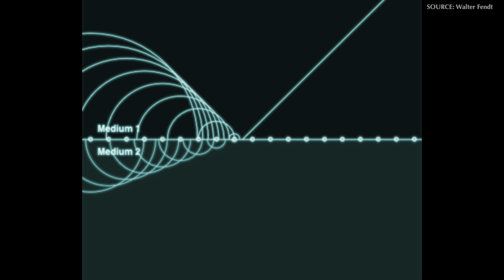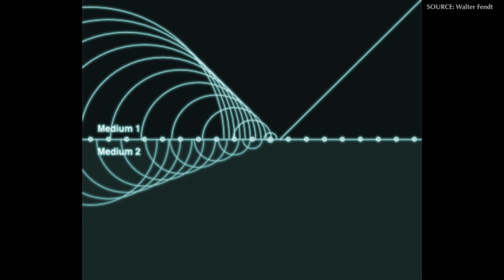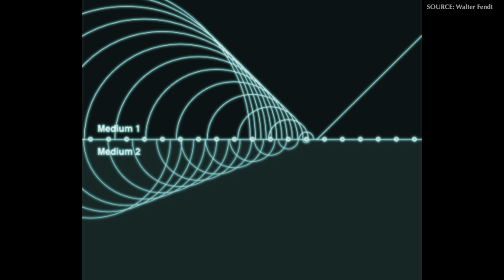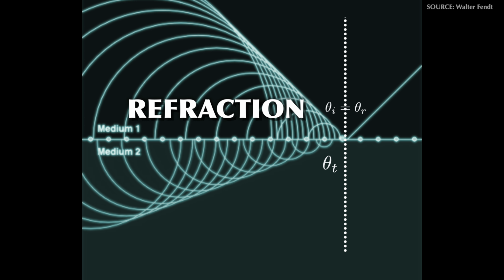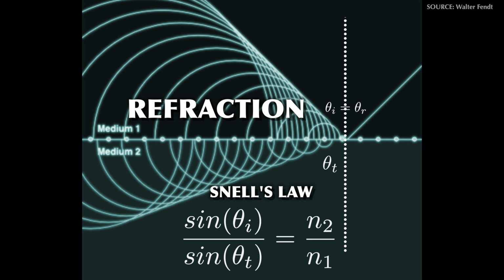In the case where the wave is slowed down, like light in water for example, it will look like this. This simple difference in wave speeds alone will cause the wave to change direction, an effect which we call refraction. And again, we can do a proper construction and find the exact angles and everything, and this will give us Snell's law of refraction.